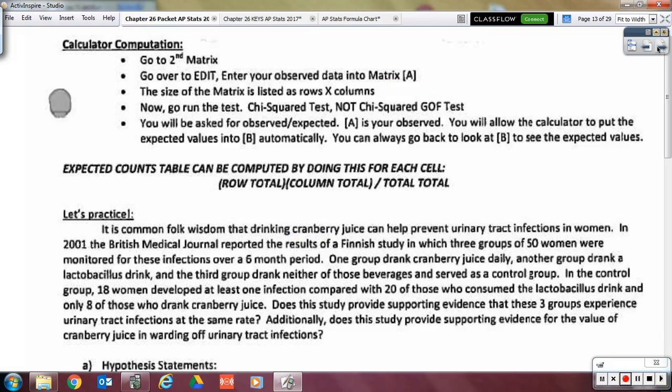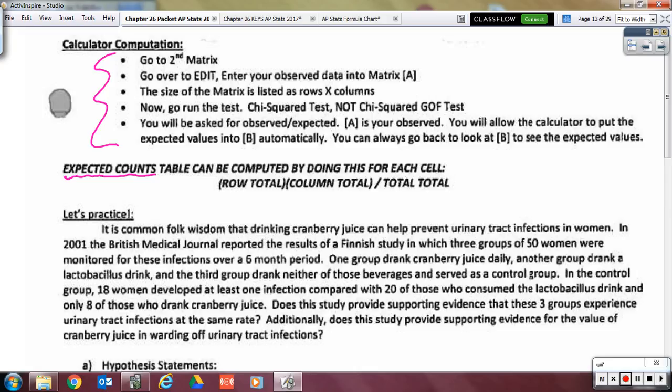Now, up at the top of the next page are all the steps of how to do this in your calculator. We're not going to do that right this second, but when we get to it, I just want you to know that all your calculator steps are listed right here, so you won't have to write them down when we do those. Now, let's talk about how to get expected counts.